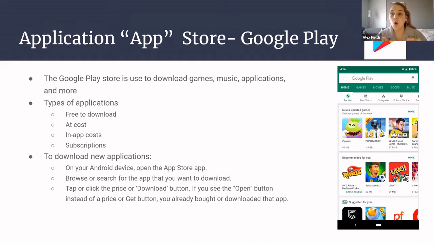If you see an open button instead of the download button, that means that your phone already has the app downloaded. So you have already downloaded the app onto your device, whether it's your tablet or your phone. And you can go ahead and click open and it will open up the application on your device.